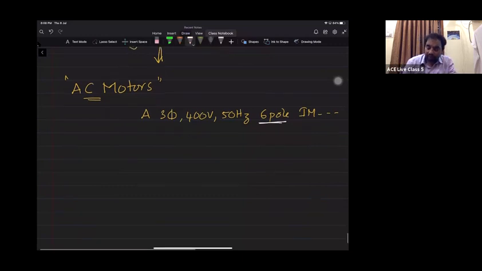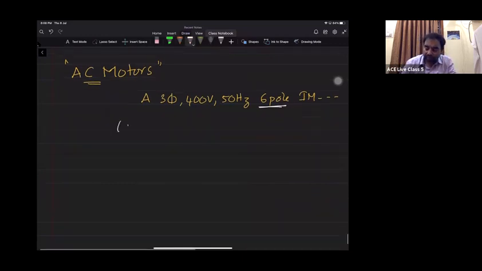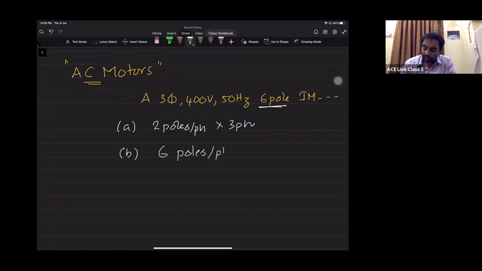Please try to answer. I'll give options. Option A: actually, there are 2 poles per phase. I'm talking about the data given. As it is a three-phase induction motor, 2 into 3, 6 poles per phase. Option B: no sir, whatever the poles information that is given, all the poles are per phase.